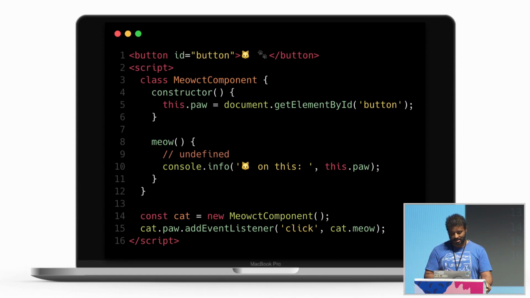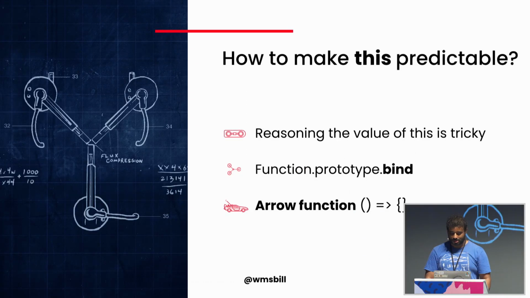Since the context here is the button event, I will print out undefined because the button element doesn't have the poll property. So how to make this predictable?